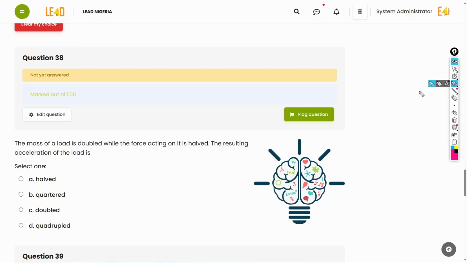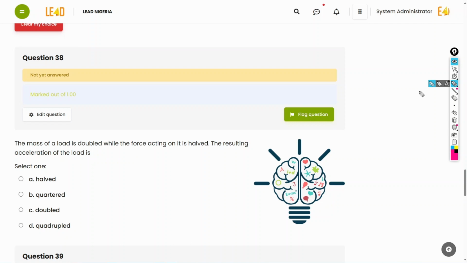You need to practice this because they could ask this kind of question on any topic, as long as there's a formula. Let's say we're using kinetic energy, half mv squared, and they say the mass is doubled and the velocity is halved. So what happens to kinetic energy?